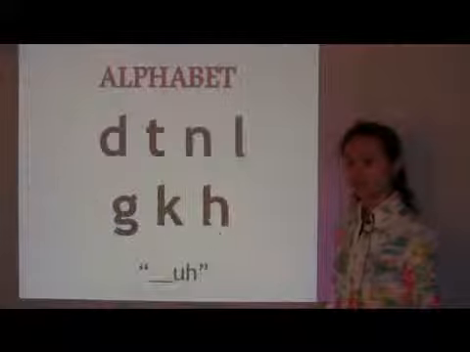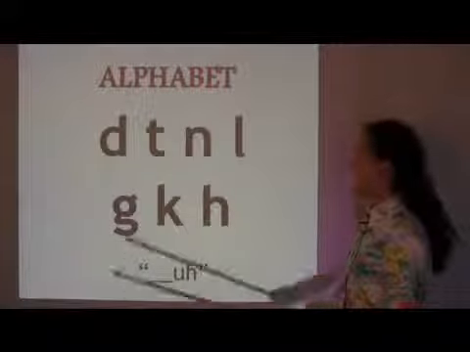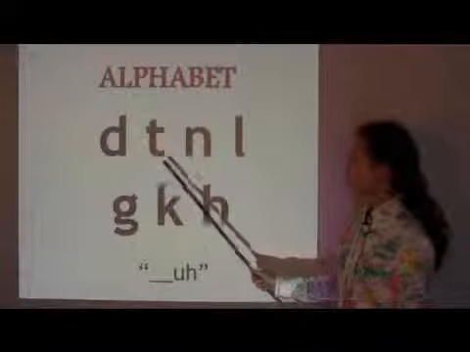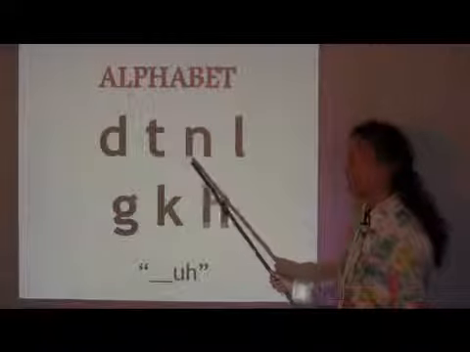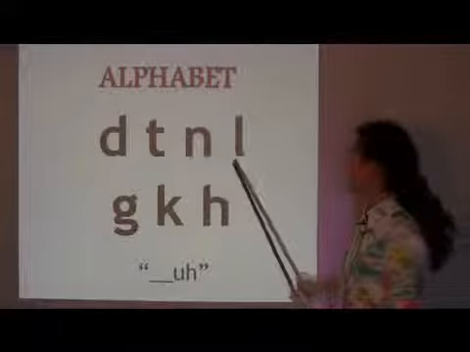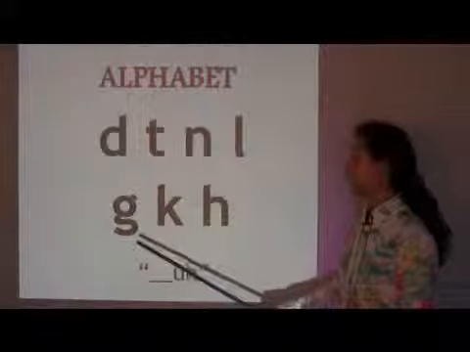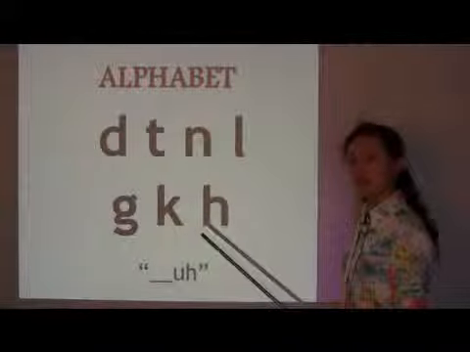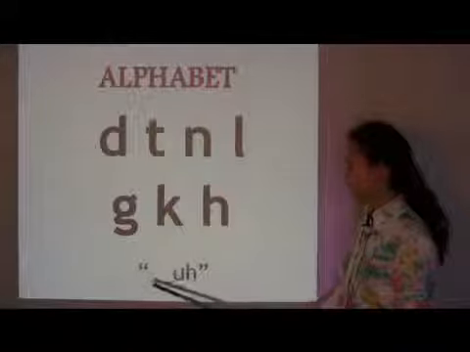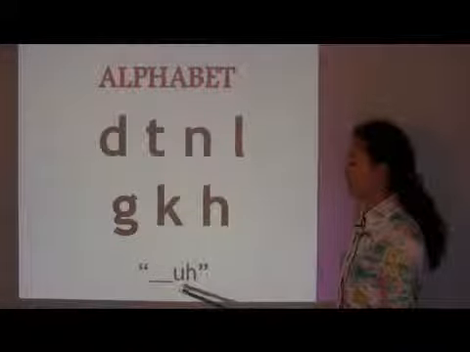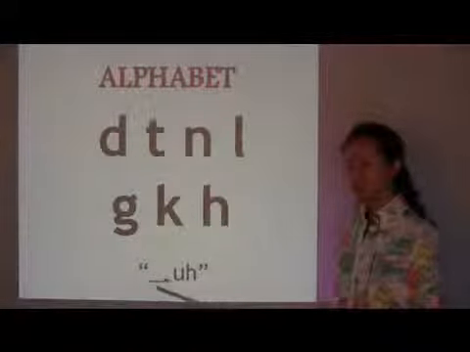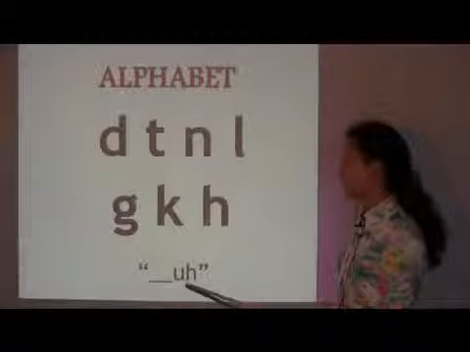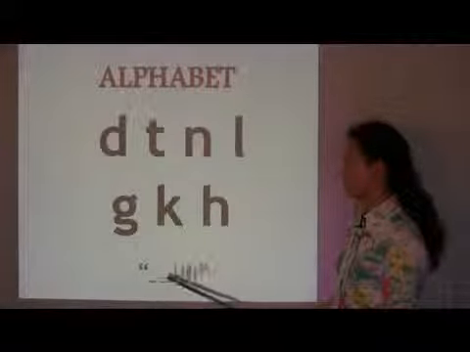The next few, we have de, te, ne, le, ge, ke, he. And this one, once again, they have the same kind of ending, like an sound like you're saying duh. Well, and you just substitute the first letter in.